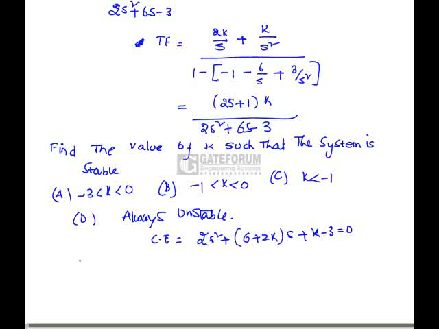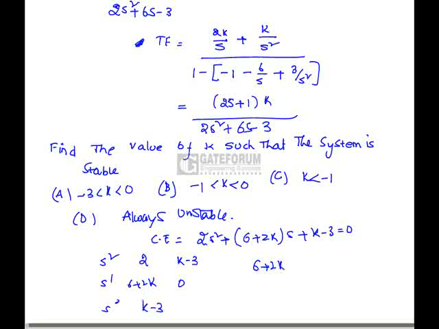So by using the RH criteria, s square, s power 1, s0: 2, k minus 3; s power 1 is 6 plus 2k, 0. Here we will get this as k minus 3.